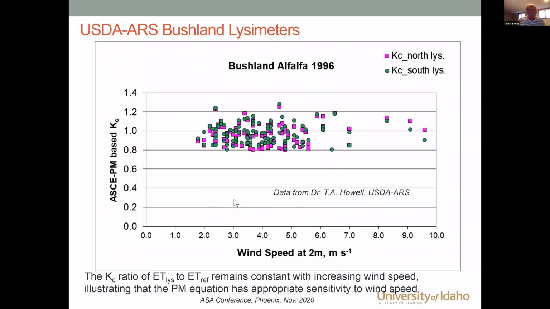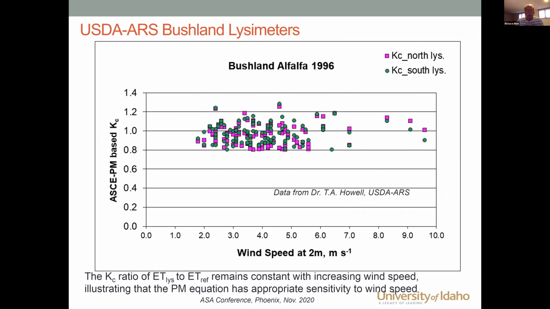If we plot the same data versus wind speed, we can see the same thing, that the ET measured by the lysimeter stayed fairly high compared to the equation. That tells us that alfalfa is a pretty robust, determined crop, and it will keep its stomates open even under very hostile conditions. As long as there's water in the soil to support the transpiration, it will provide it.